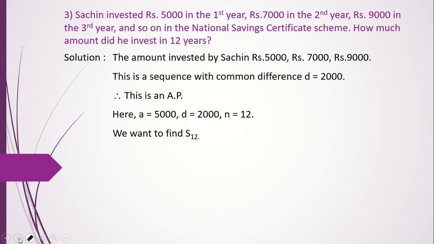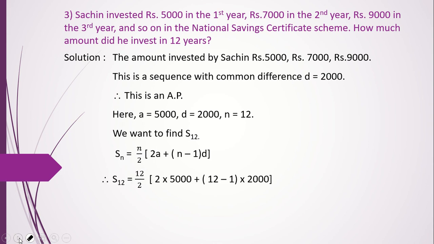Now we want to find S12, that is the sum of those 12 numbers which he invested in 12 years. So we use the Sn formula. We substitute what all we know: n is 12, a is 5000, n minus 1 is going to be 12 minus 1, and d is 2000.